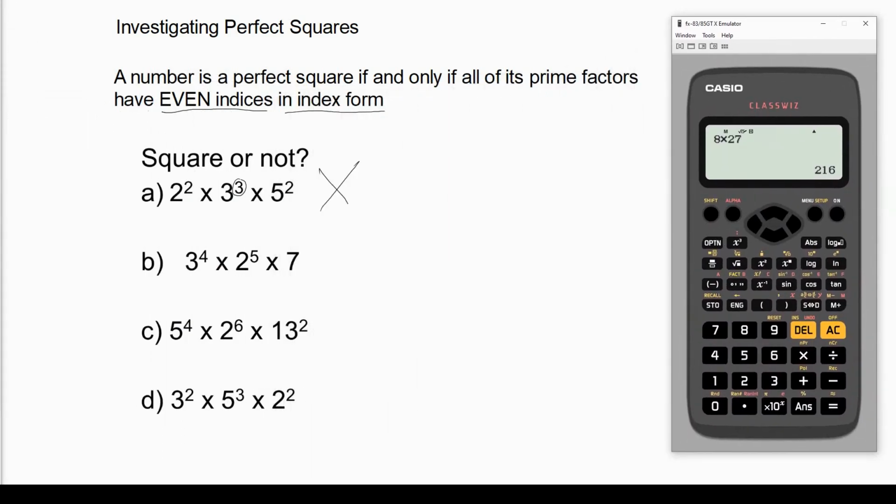If I work out 2 squared times 3 cubed times 5 squared, if I square root this, I will not get a whole number, which proves that this is not a square number. We can see we don't have a whole number, so the number itself is not a square number.